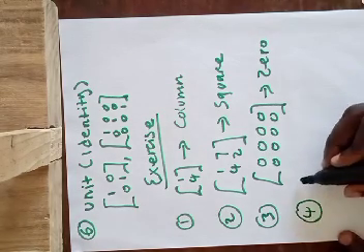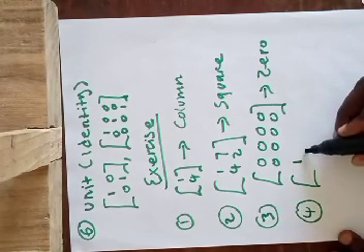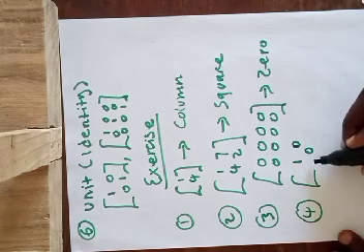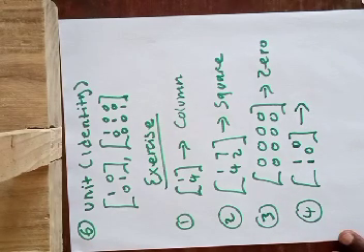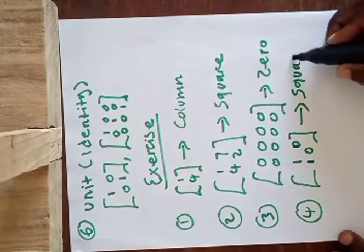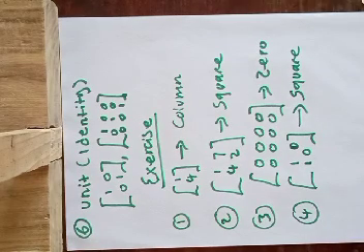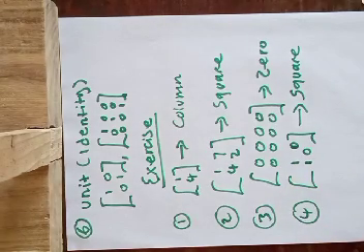Okay. What about this one now? Correct. This is a square matrix. Why? It's because the number of rows and columns are equal. This is not an identity. It could have been an identity if 1 was here, 0 was here, so that we have got the diagonal. Yes.